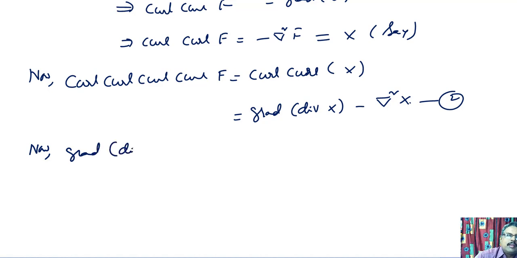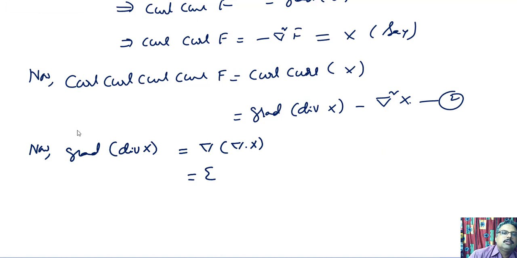Gradient of divergence of X, nothing but del dot X, nothing but sigma. Okay.